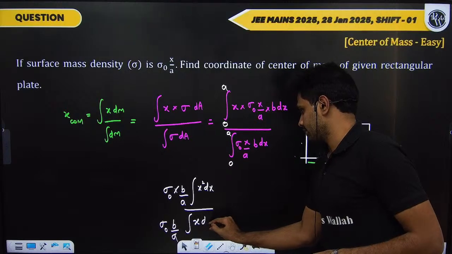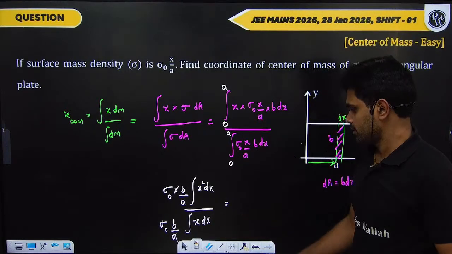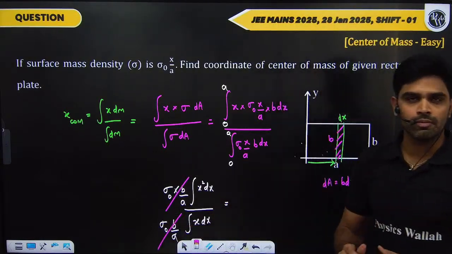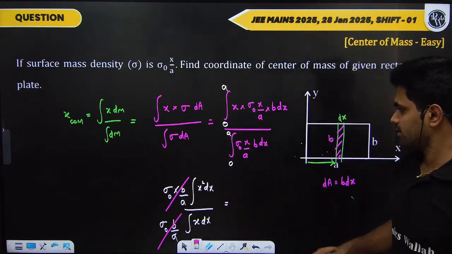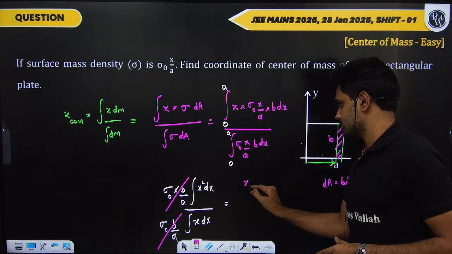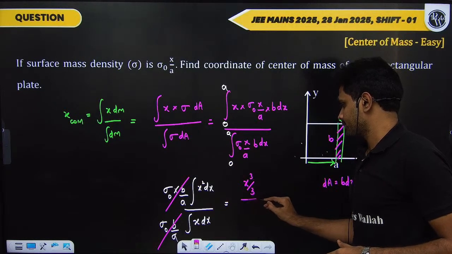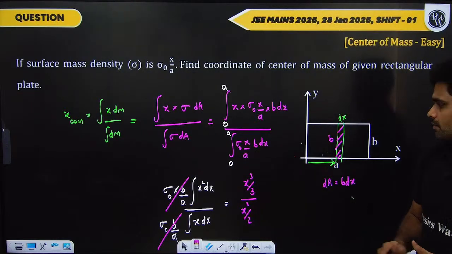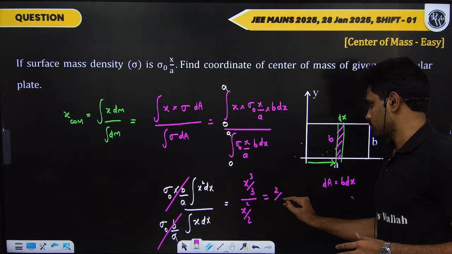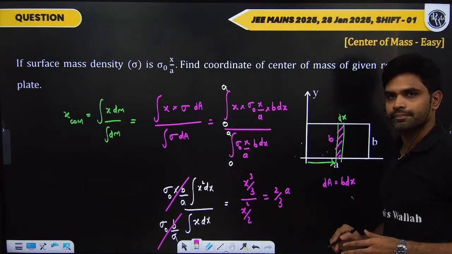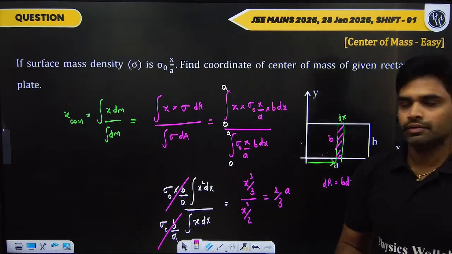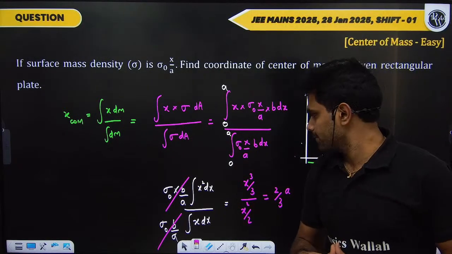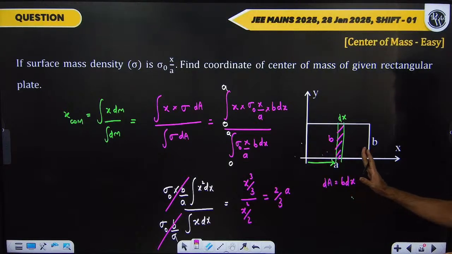Sigma naught b by A is in both, so it cancels. Integral x square dx is x cubed by 3, and integral x dx is x square by 2, with limits from 0 to a. So the x coordinate is 2 by 3 a.